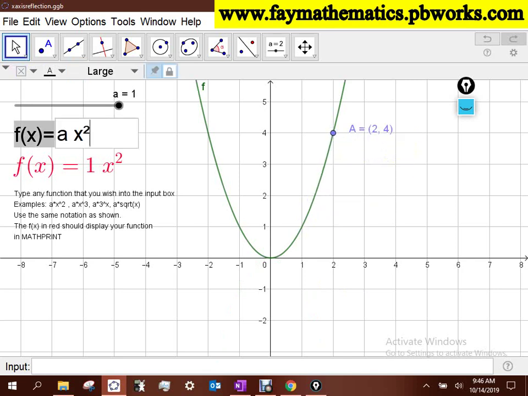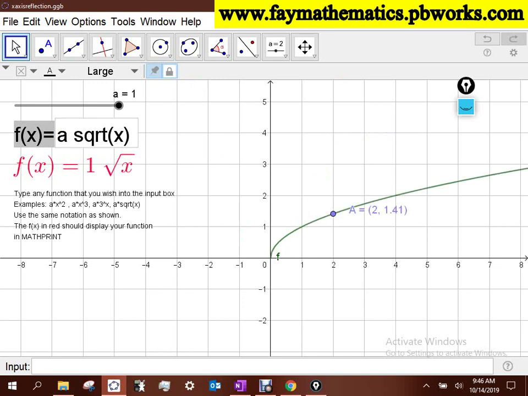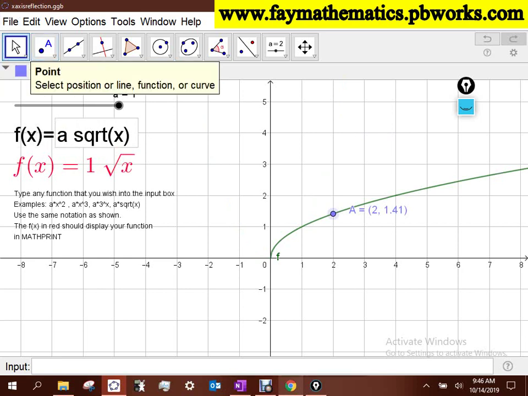Okay, so let's say that I want this thing. In order to type this in, I have to keep that a there, and it probably makes sense. If you're going to adjust it, you want to go a times, and you see that it's kind of written down here in my notes. But a times square root of x. Okay, well there's my square root of x. So we know we've got some points on here like 4, 2.